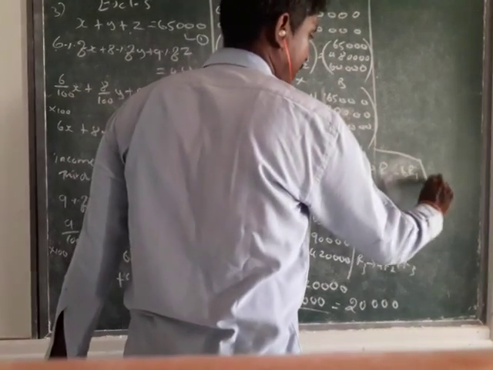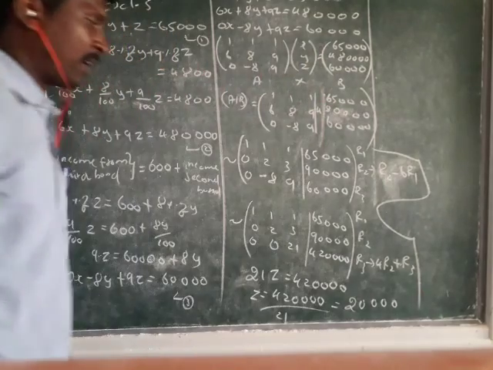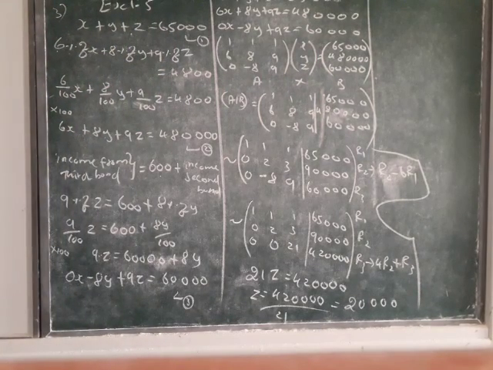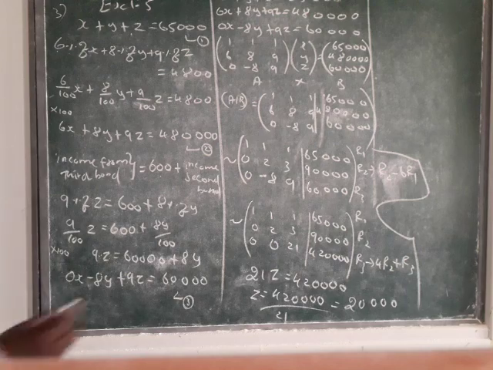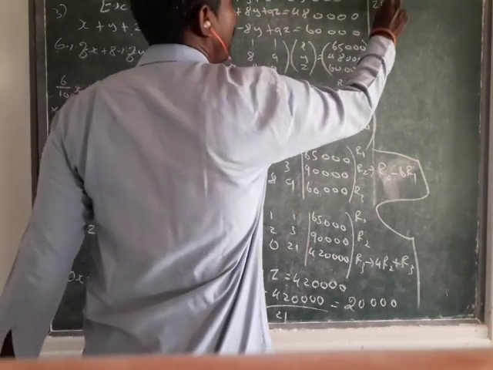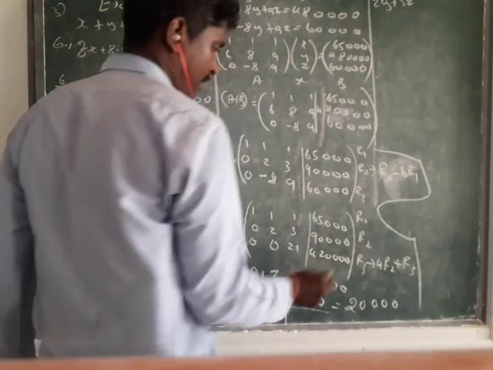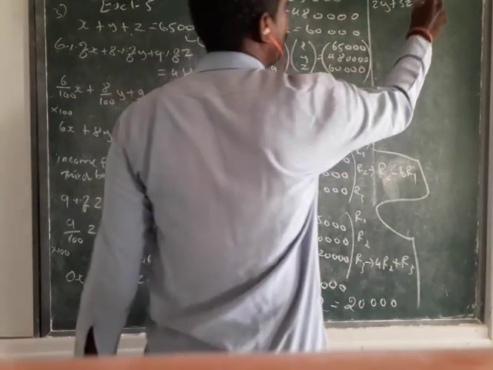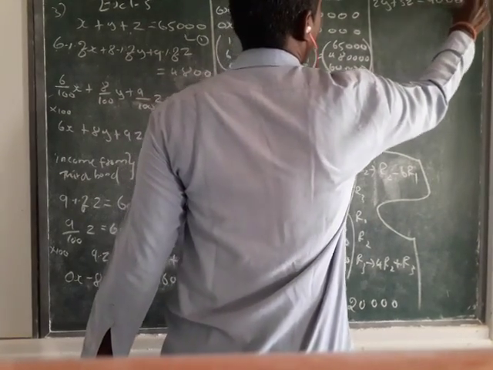After finding the z value, we can substitute in equation 2 to find the y value. We have 2y plus 3z equals 90,000.